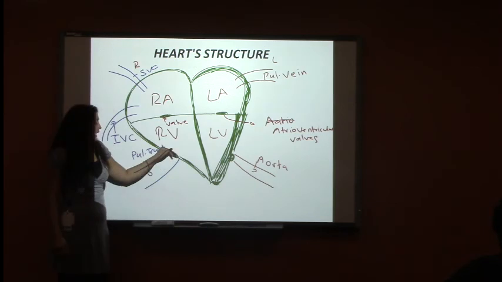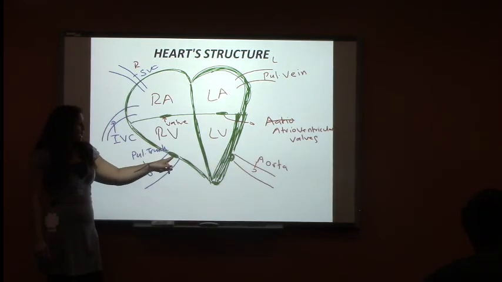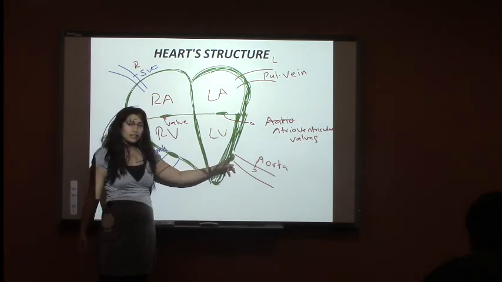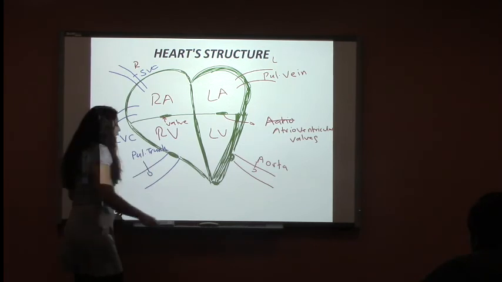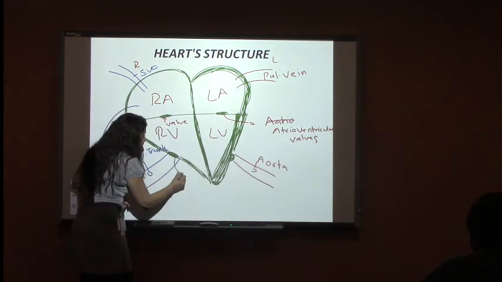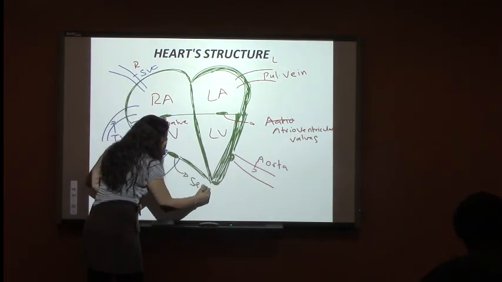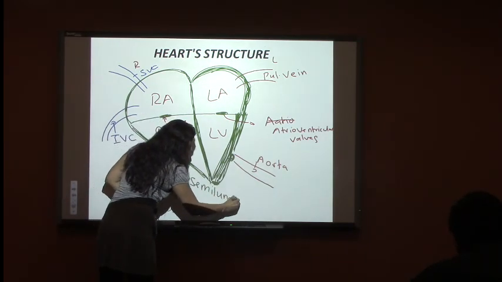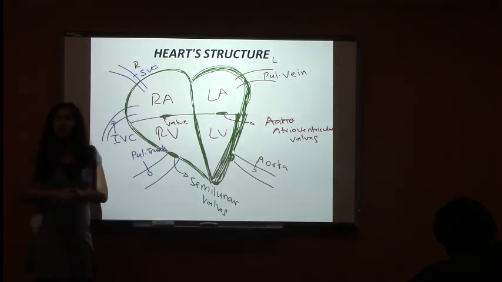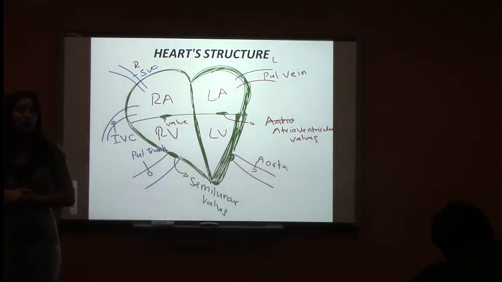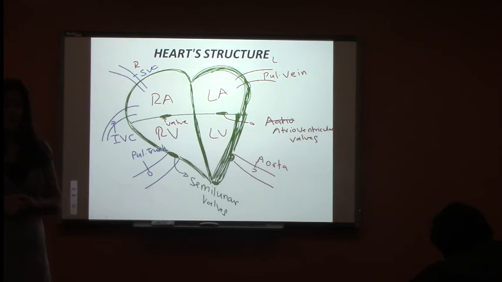Between the ventricle and the outgoing vessel, you have a valve once again. You have a valve right here and a valve right here. These are basically like doors. Okay. Now these valves are called semi-lunar valves. You have a right semi-lunar valve and you have a left semi-lunar valve.